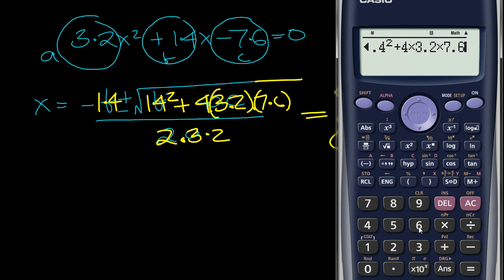That's the square root done. Outside the square root, close the top bracket, divide by, bottom bracket is 2 times 3.2. Close that bracket, equals 1.338.